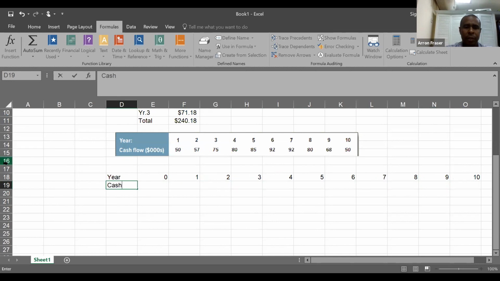Then we have cash flows. In year 0, we'll make a cash flow, which is the investment. So that is 380, if I recall. And remember that'll be minus, so that's an investment, right? So we could call it investment.